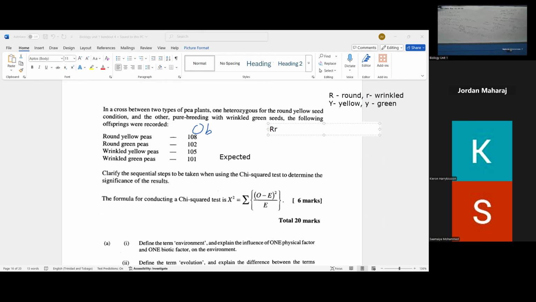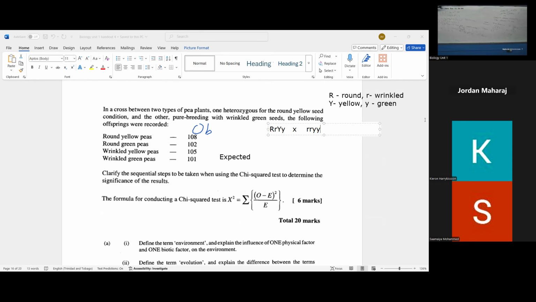Capital R, lowercase r, capital Y, lowercase y. And then we are crossing that with a pure breeding wrinkled green seed. Is it pure breeding for dominant or recessive? Recessive, so all would be lowercase letters: rr, yy. And then we do the cross.